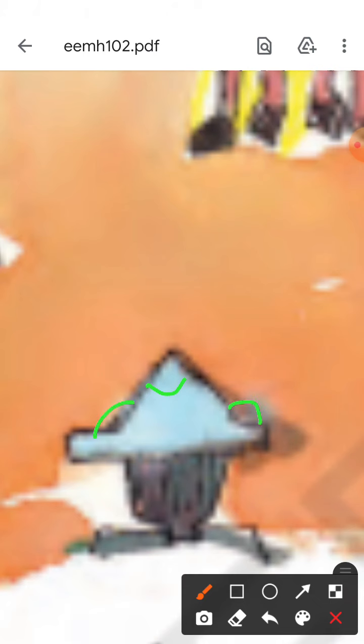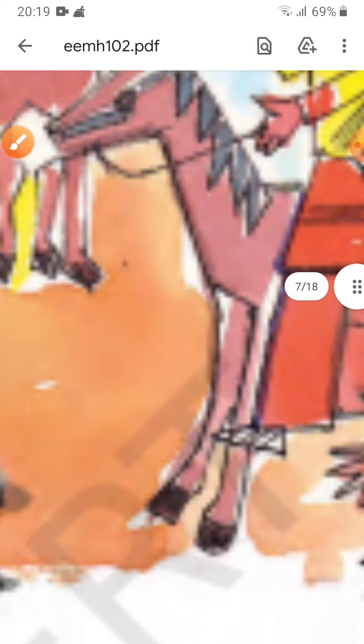And if you want to mark angles which are less than a right angle with blue color, in this figure you can see it is less than 90 degrees. We can see this angle here and also here.